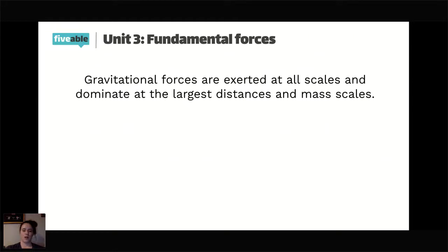So unlike our electroweak and our strong forces, which really only work when you're really close, really small things, like your strong force, I think the range is something like 10 to the negative 10 meters? Don't quote me on that. I'm just pulling it out of my brain. Gravity goes kilometers, light years, huge range, but it's very weak compared to the other ones. But because the other ones are short range, gravity takes over at large distances.